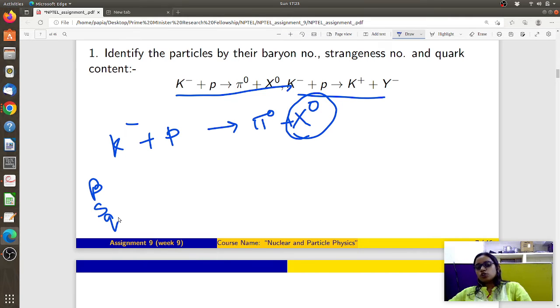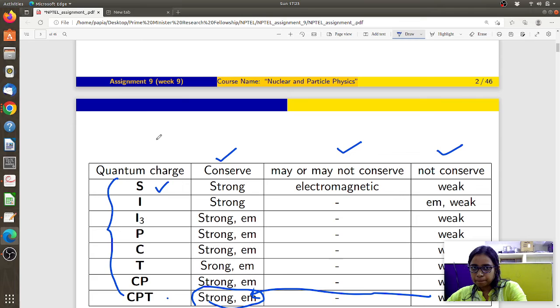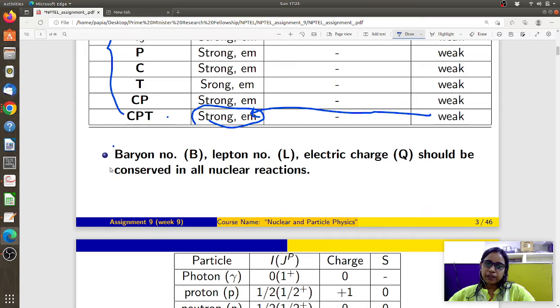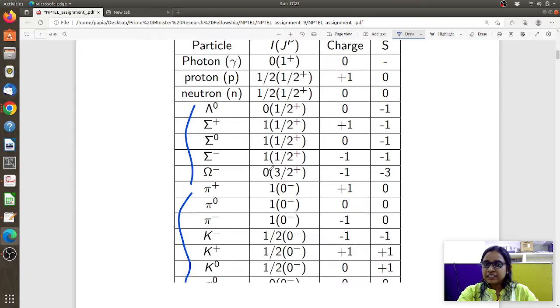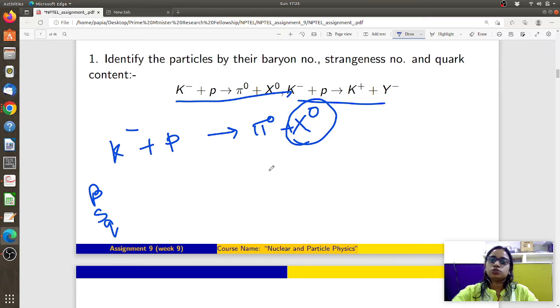Before going into all these things, I can show you that page in the notes. Here it was mentioned that baryon number, lepton number and electric charge should be conserved in all nuclear reactions. So baryon number should be conserved in this equation also. The baryon number for K minus is 0 because K is a meson, not a baryon.